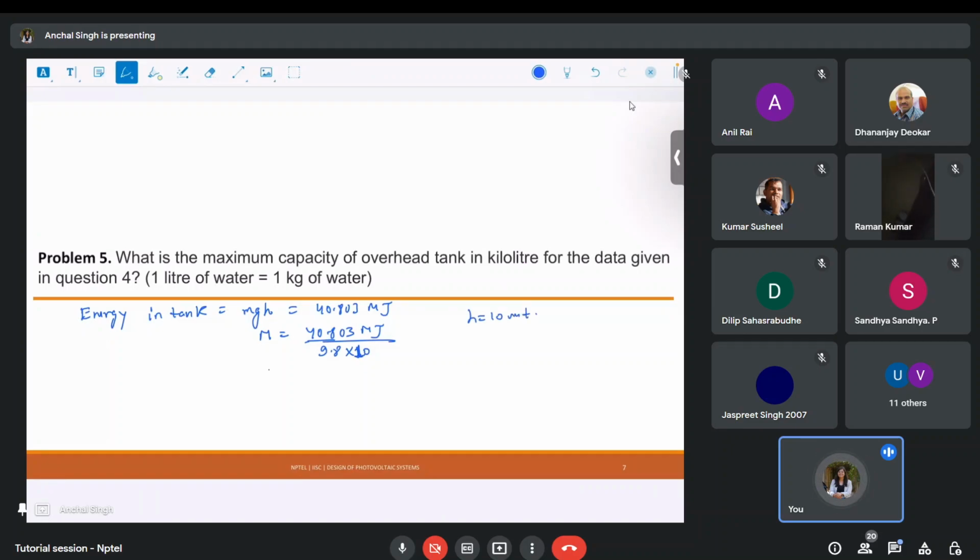So m will come out to be 416.65 into 10 to the power 3 kg, and 1 kg is equal to 1 liter. So therefore, since we want kiloliters, we can write this as 416.35 kiloliter, right?